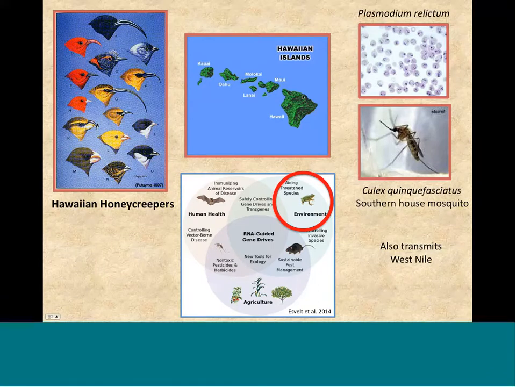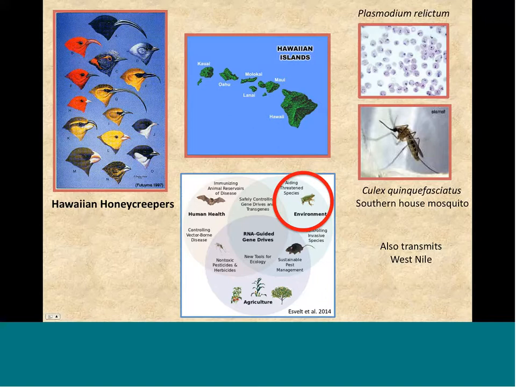On the island of Hawaii, there's a group of birds that have diversified in the same way that Darwin's finches diversified, and they're beautiful birds, but they're endangered based on a number of impacts, some of them just environmental, some of them coming from invasive birds that come from the mainland that compete with them. And some of this is moderated by the fact that they are very susceptible to bird malaria.